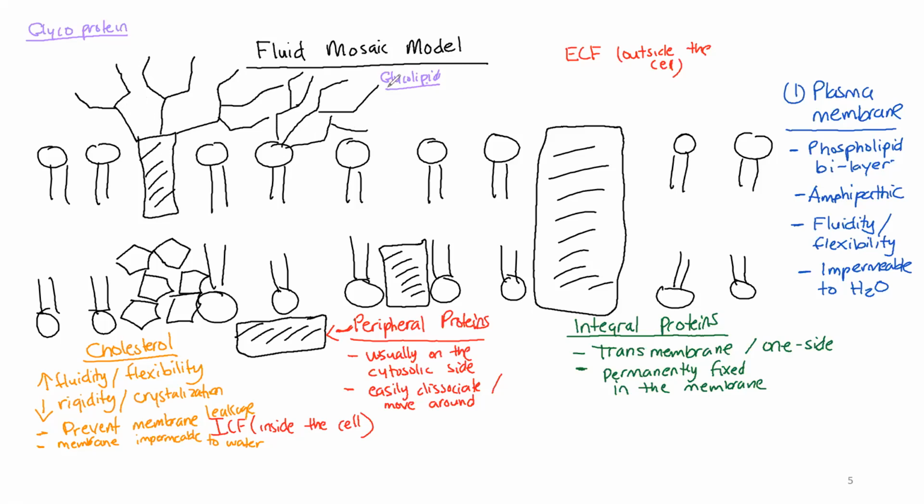And both of these are pretty much bringing about a similar function in the cell. Carbohydrates in general help to create cell tagging and cell identification. This is why they're on the extracellular side. They can be bound to either a lipid or a protein, but they're basically ways that the cell can identify itself in different ways.